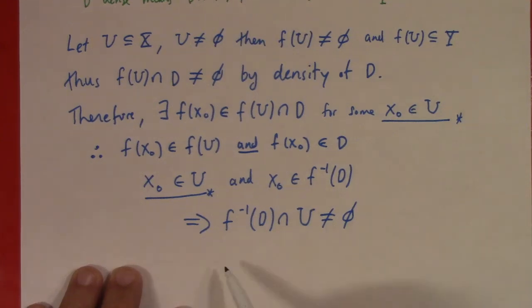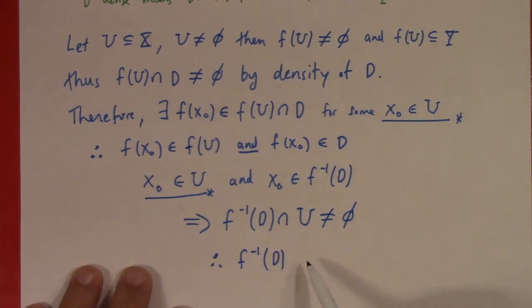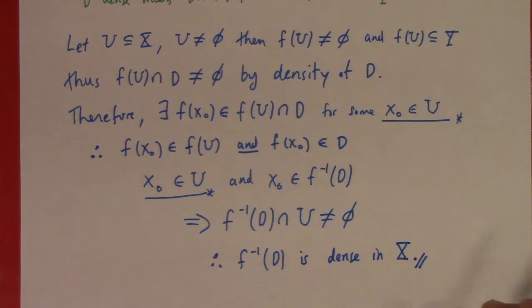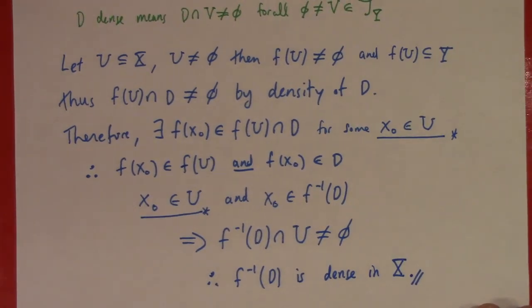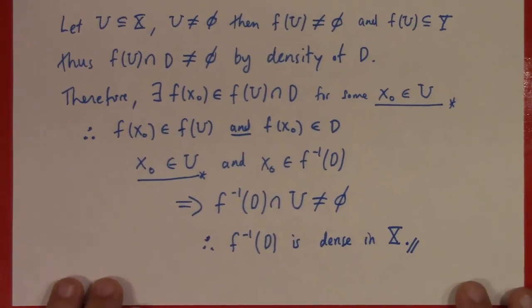That proves that therefore F inverse of D is dense in X. Now that I have adjusted the problem to how it's actually stated in the book, I haven't tried the other way of thinking about closure, as the intersection of all closed sets which contain the set. But I imagine that way of doing this problem would be more complicated.